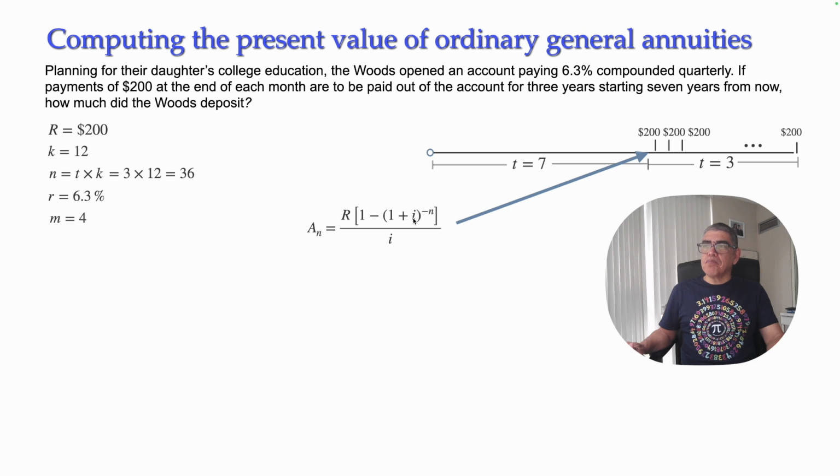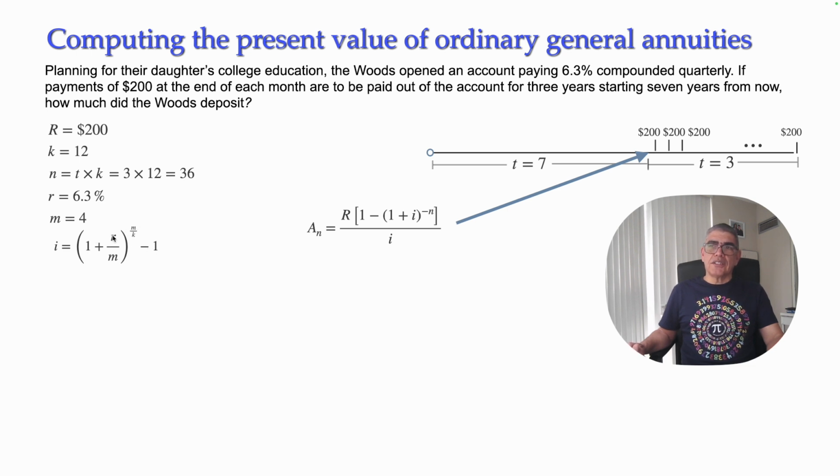To compute this periodic rate of interest, we need to find the equivalent rate of interest compounded monthly. So we need to compute this i, which is always given with this formula: i equals 1 plus the nominal rate of interest divided by the number of conversion periods per year, to the power of the number of conversion periods per year divided by the number of payments per year, m over k, minus 1.